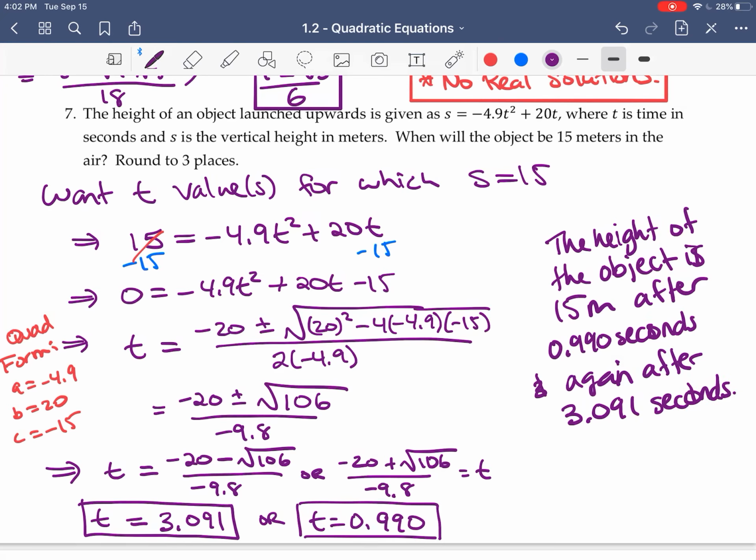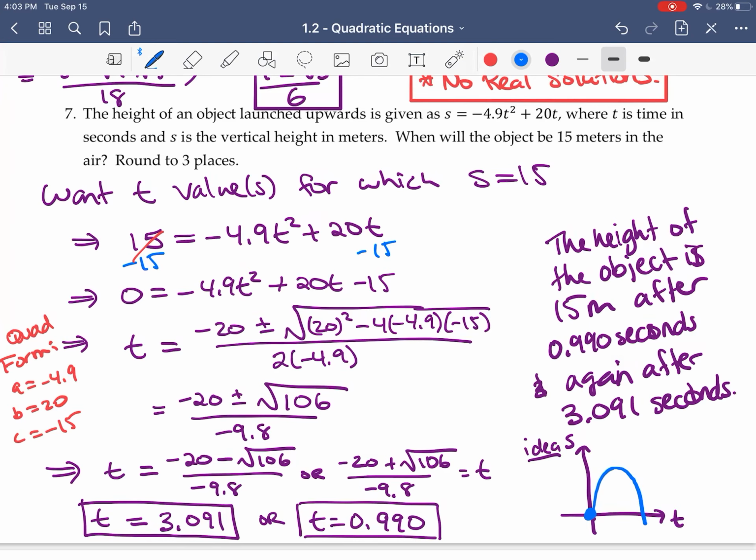Okay, so the idea, what's happening here, just if you're concerned why there's two answers, okay, so what's happening with this object, when it's at time 0, so this is the time axis, and this is the height, the s-axis. So at time 0, the object has 0 height. Okay, and then you throw it, it goes up to some maximum height, and then it comes back down.